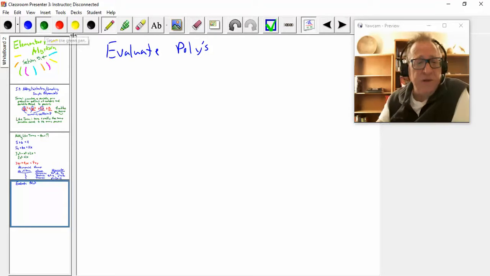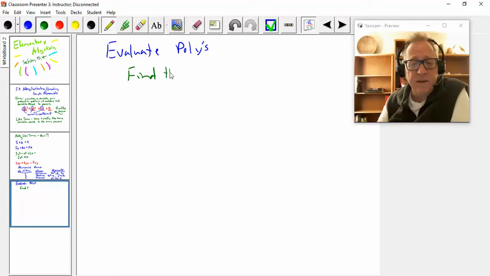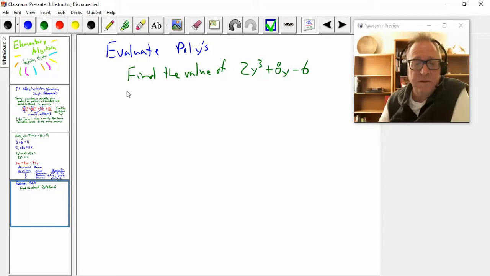I want to find the value of 2y cubed plus 8y minus 6 for, first of all, y equals -1, and then second, for y equals 0.